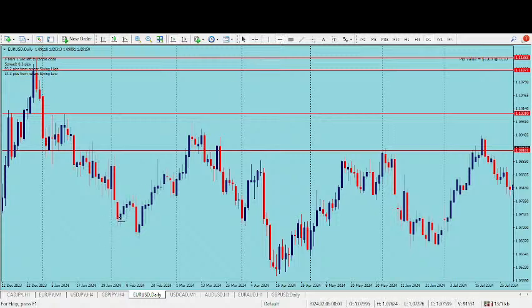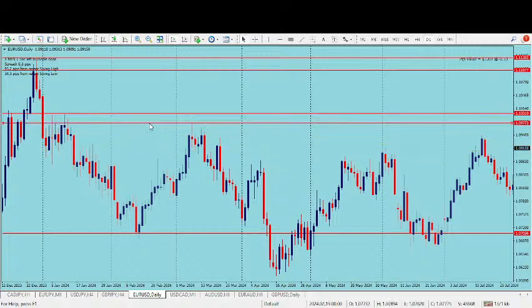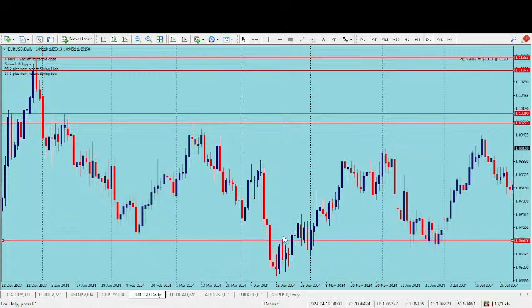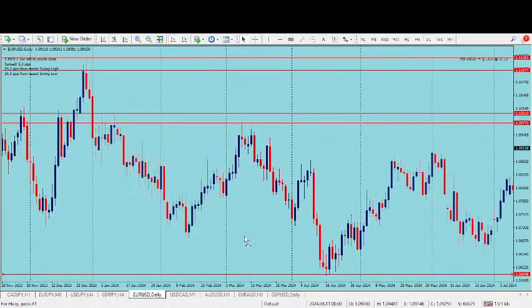It moved up to this point, up to this area, down to this area. Then it tried to move up again, but it could not cross this area. It still came down until it made what we call a lower low again.